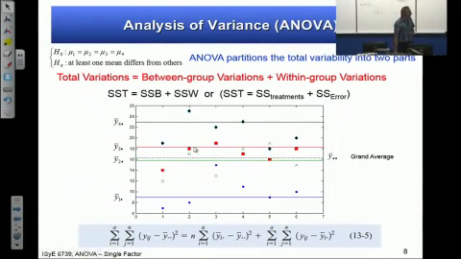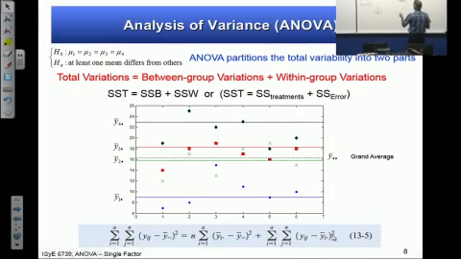This red dot is compared with the red mean, and then we add them up. So for each population, we find within variation. And how many populations do we have? 4 populations. We add them up. Does it make sense?